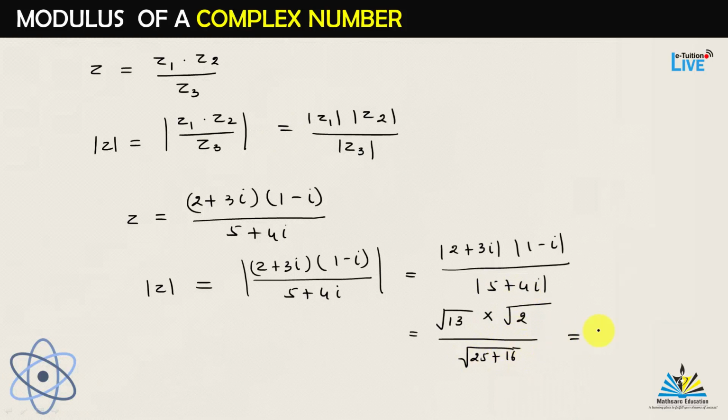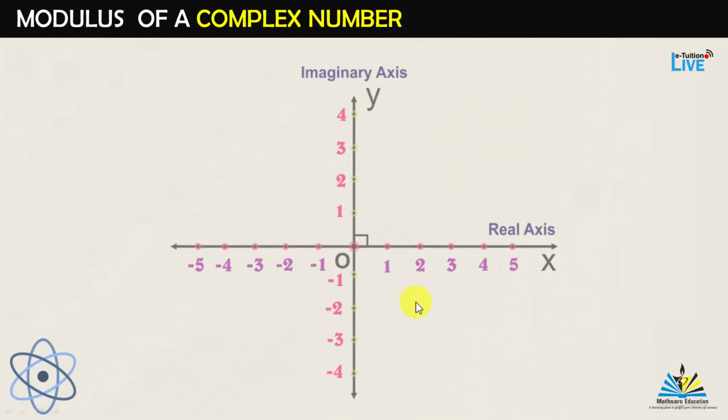So this is equal to under root of 13 into 2, 26, divided by 25 plus 16, that is 41. So modulus of this complex number is under root 26 upon 41. So this was the basic of taking modulus of a complex number.